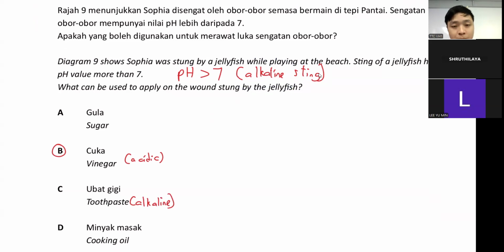So the best answer should be B lah. 酸性可以减掉，可以把碱性中性化。In English, it means the acidic can reduce the amount of alkaline sting to make it become neutralized. Okay.